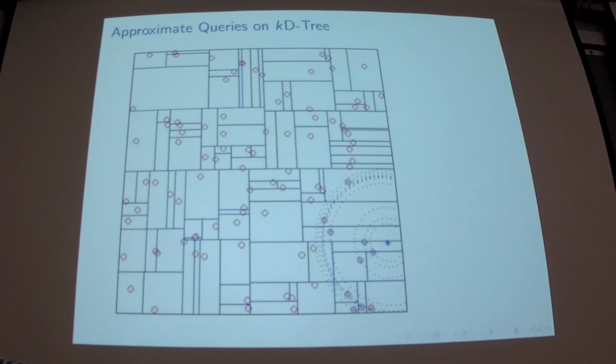So I have a couple more minutes. I just want to tell you one of the reasons why KD trees are hard to work with in high dimensions, and why a bunch of stuff breaks down, even these approximate variants.